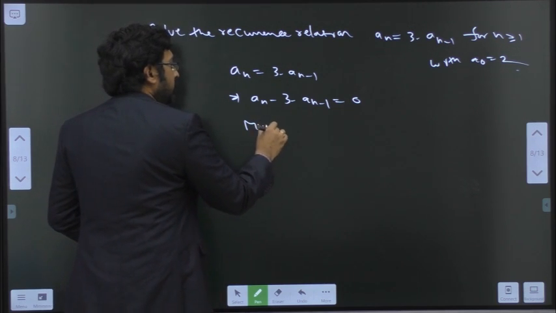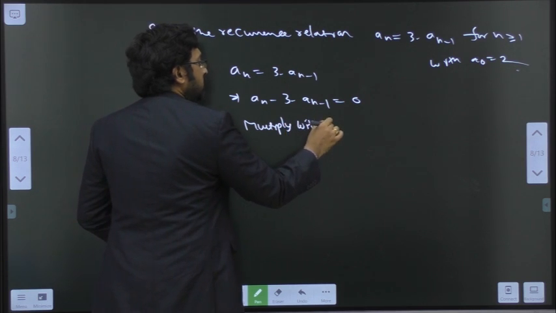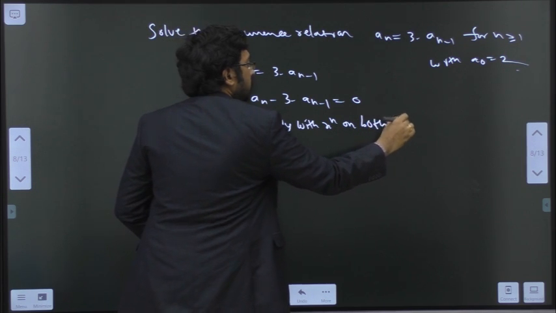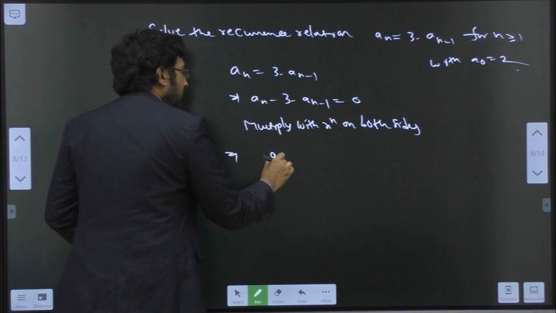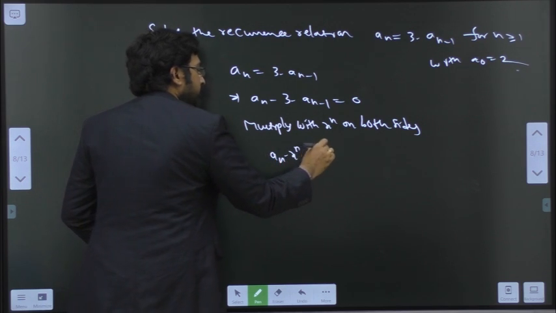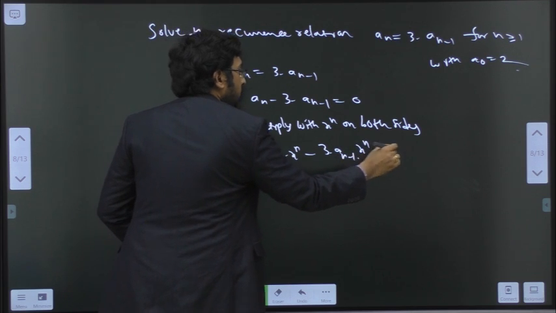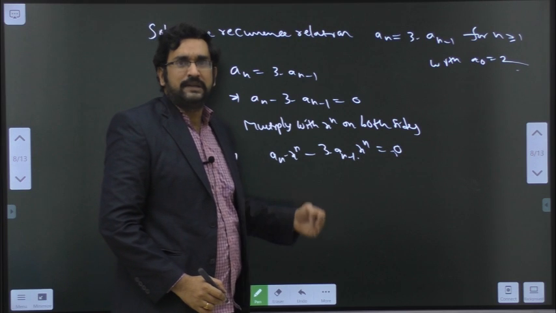Multiply with x power n on both sides. That implies a_n into x power n minus 3 into a_(n minus 1) into x power n equals 0. Now take summation. So what is the lower limit?